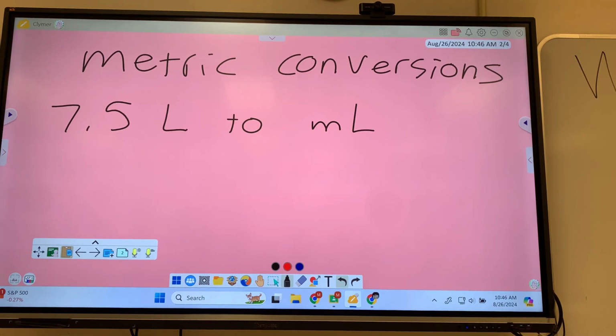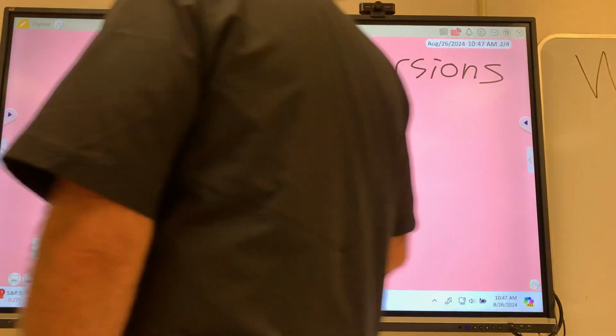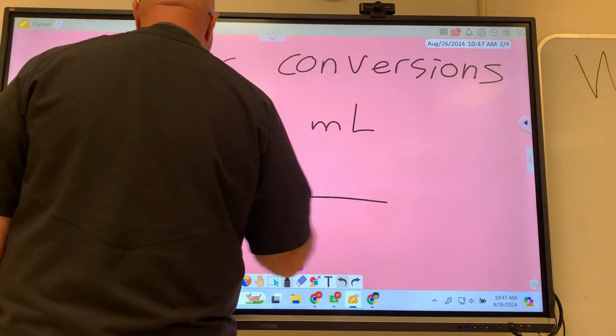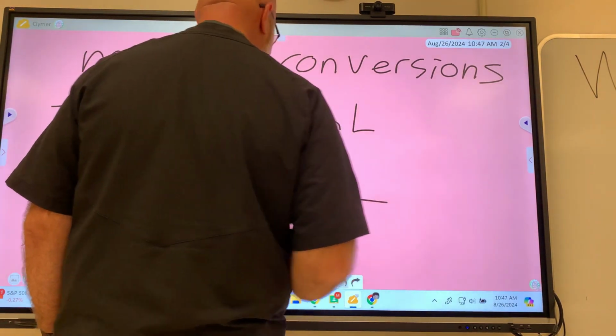And in this case, this is all metric, right? Milliliters to liters, centimeters to kilometers, whatever. Right? And then to start this, we all know how to start this. Draw our T-chart, copy down our units.